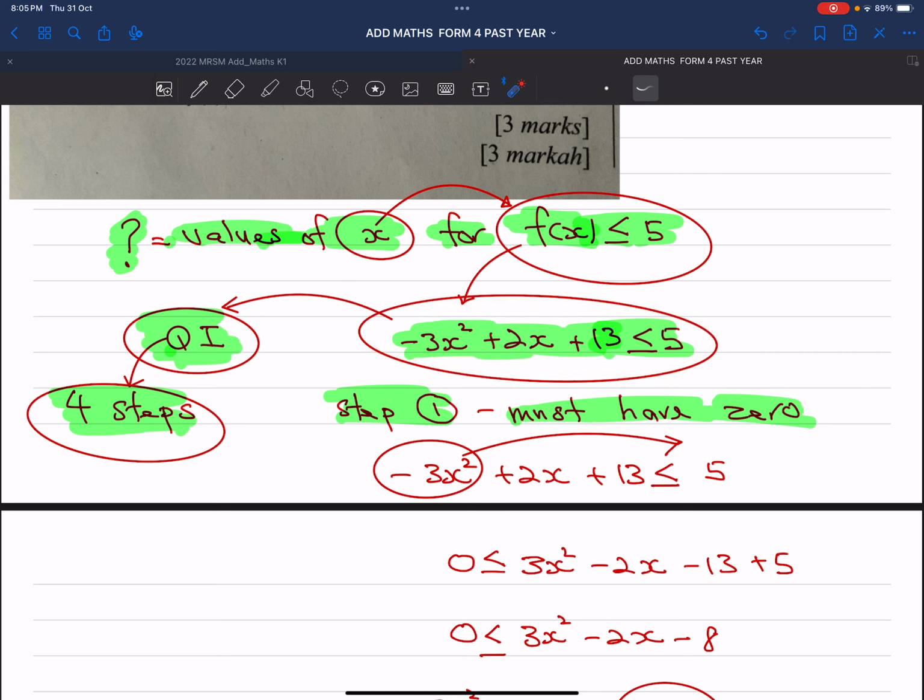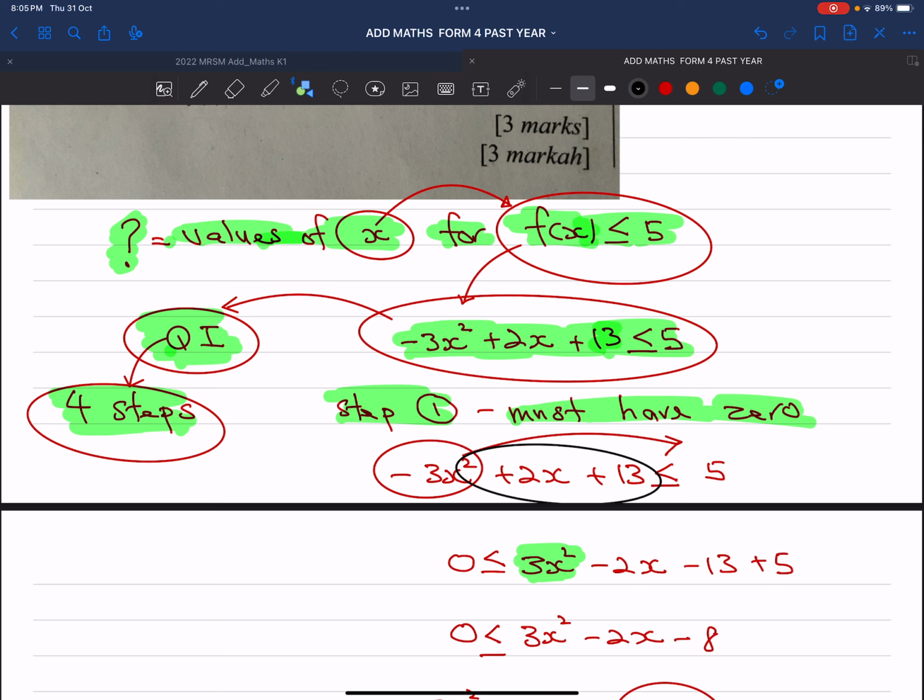What am I going to do? The negative 3x squared, left hand side, I'm going to transfer to the right hand side. Because it is negative, I'm going to transfer this to the right hand side. So I have positive 3x squared. And also going to transfer all the others.